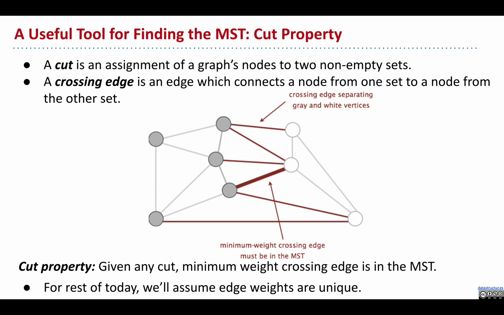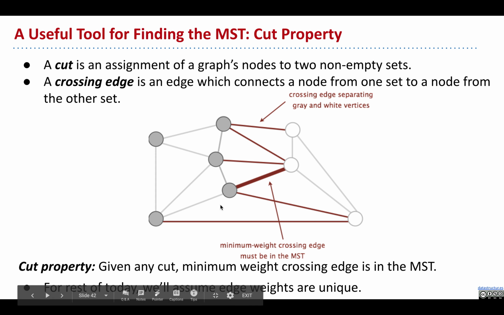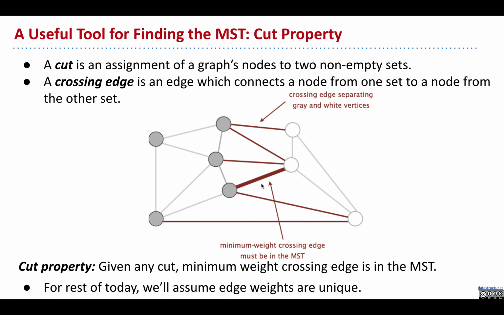If we are given any cut, the minimum crossing edge is the one that will be in the MST. So for example, if this edge were the minimum out of all these red edges, this edge would have to be in the minimum spanning tree. We'll see a lot of examples about this later, but just take this in right now, and then we'll explore a little bit why this actually works.